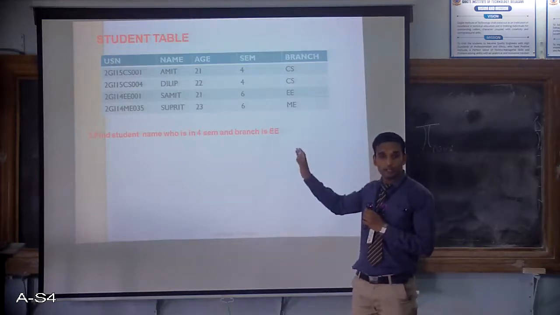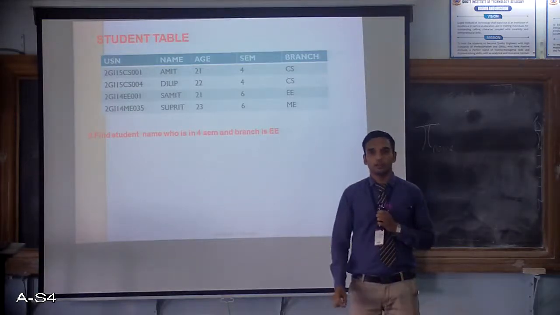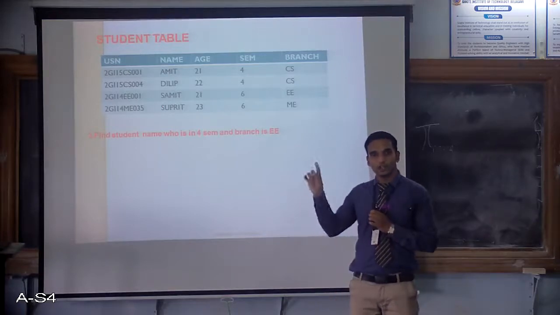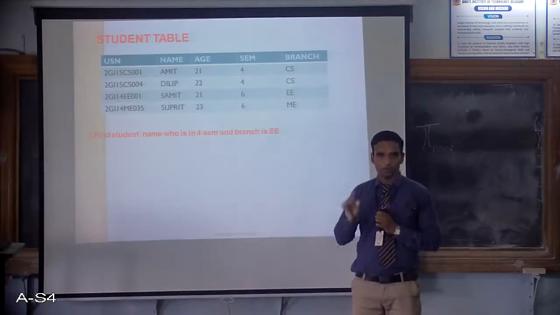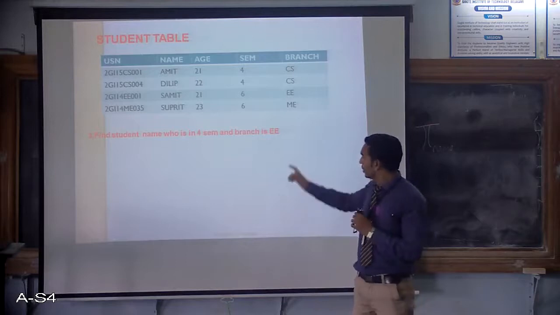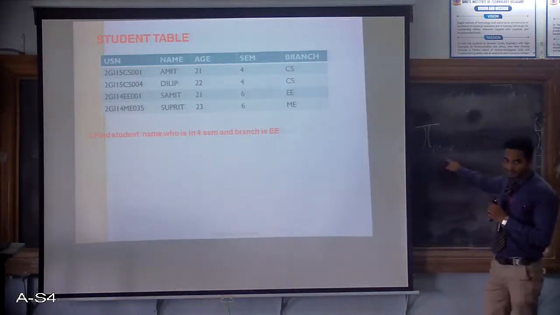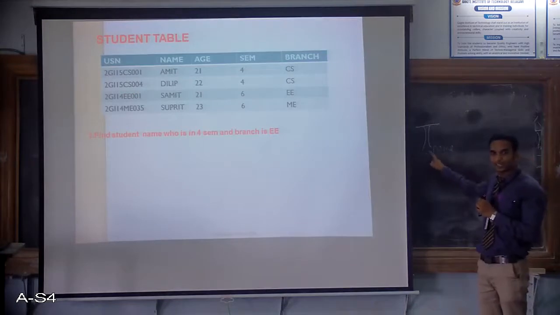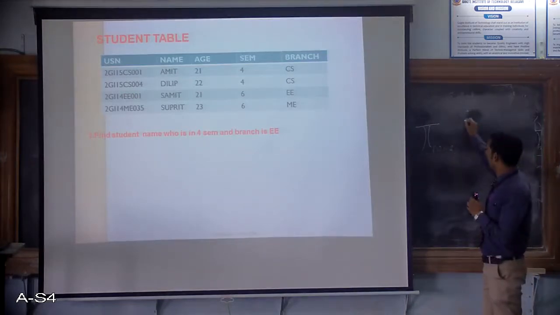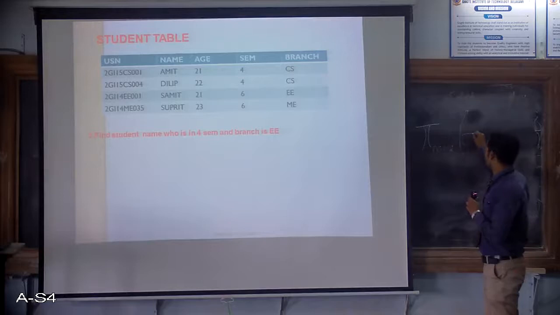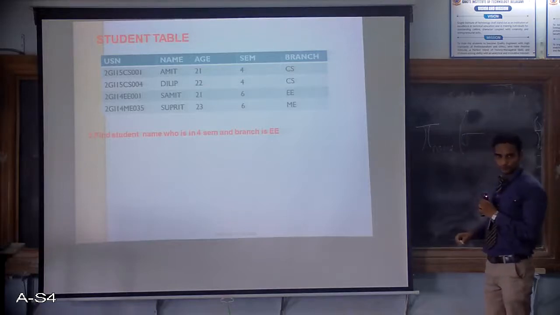We don't have the matching field, but my query should be written in such a way that if the condition is true, it should give me the result. If not, it should not display. Okay. So how should I write that now? Pi name I have written, because now this will select the column. Select the rows where the condition is matching.